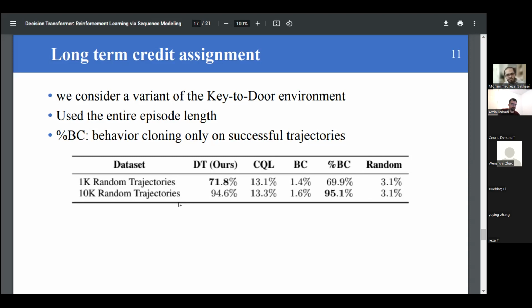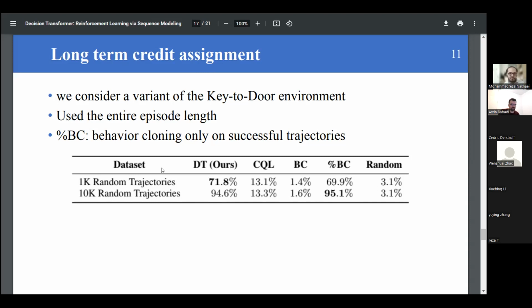When we increase the number of trajectories, then the number of successful trajectories also increases. And if we train behavior cloning only on successful trajectories, then it has better performance. But as you can see, again, the decision transformer has acceptable performance. In roughly 94.6% of the time, it is successful.